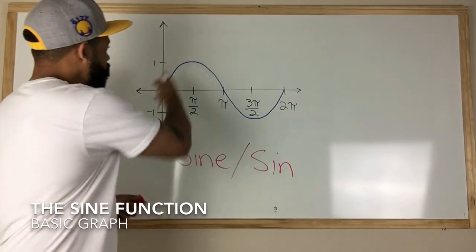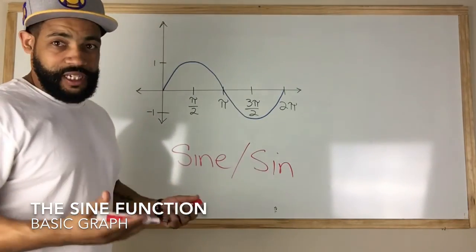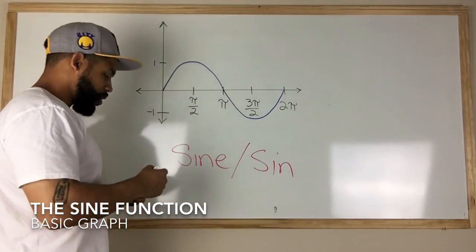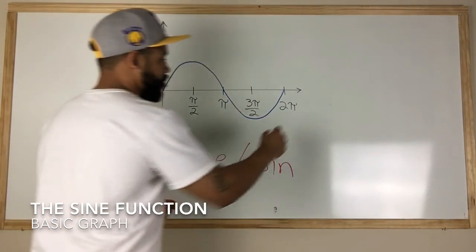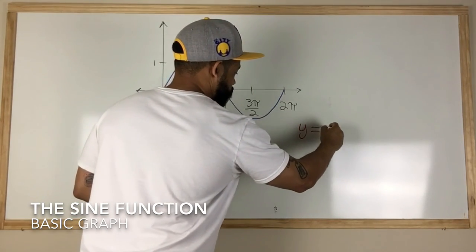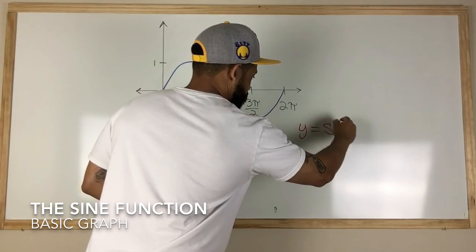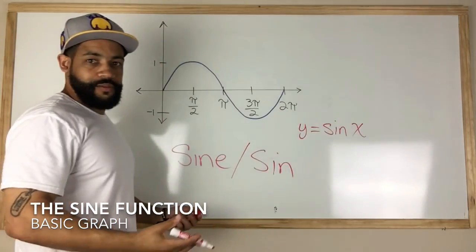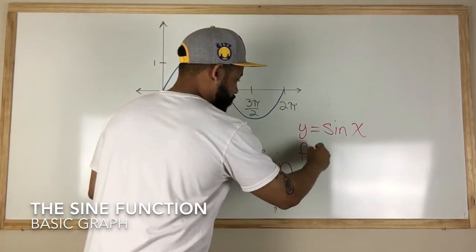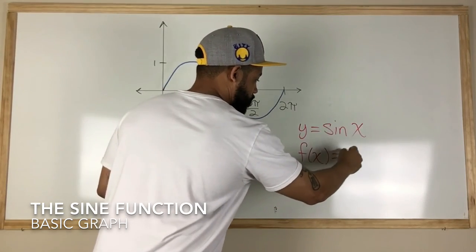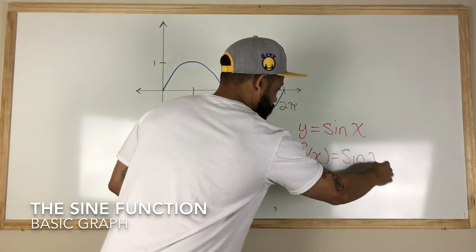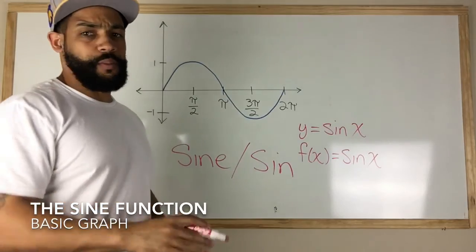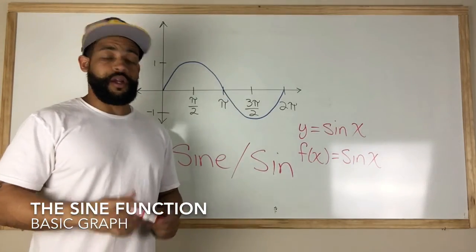And here I already have the graph of this sine function drawn. So we could write this equation as y equals sine x, or we can write it as a function in function notation, f of x equals sine x. And we're just going to talk about the basic parts of this sine function graph, okay?